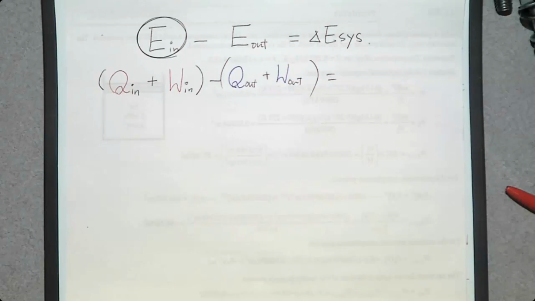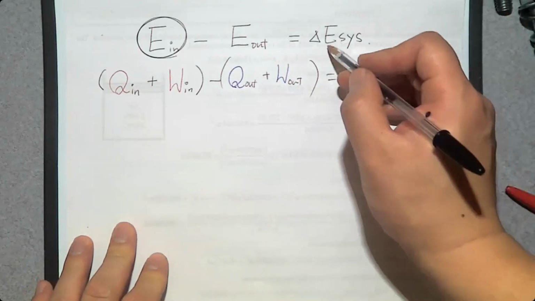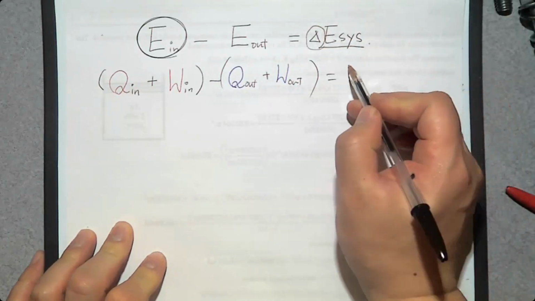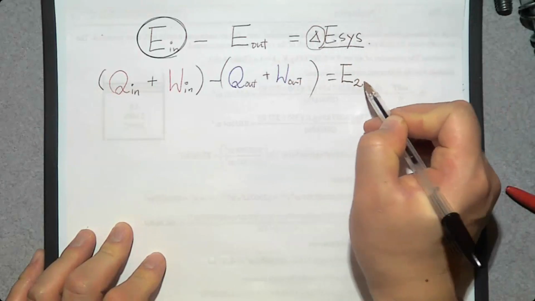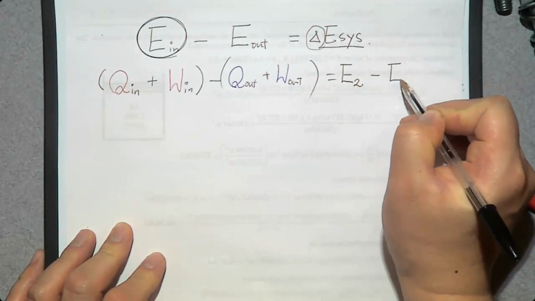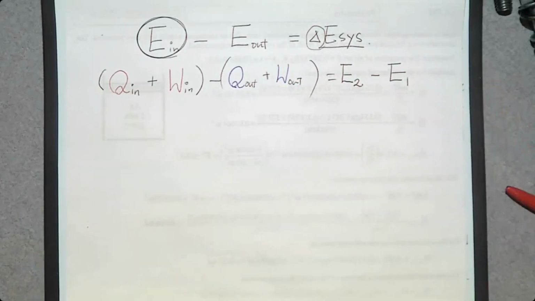Then calculate the difference, right? The same thing. If you want to determine the change in energy, it's the total energy after eating a buffet minus the total energy before entering the buffet. So E2 minus E1 is how you determine the energy change of your system.